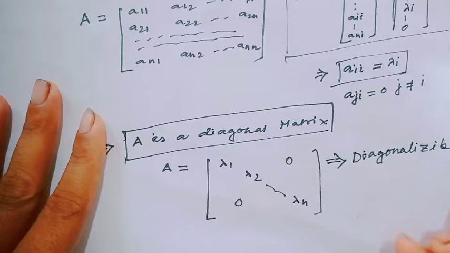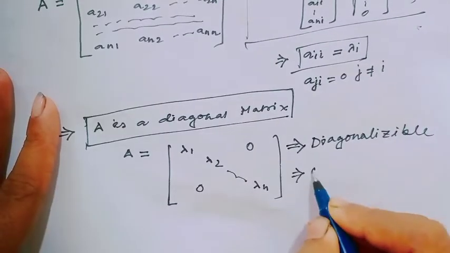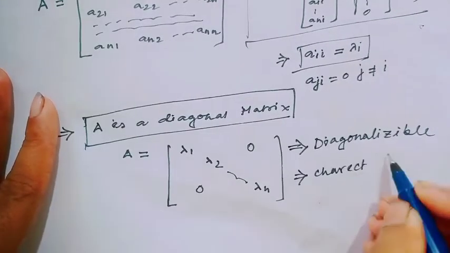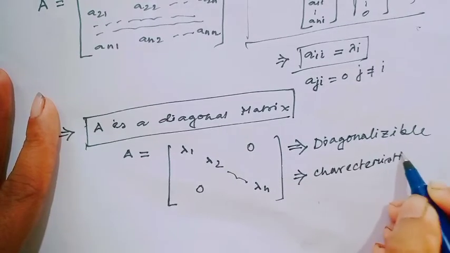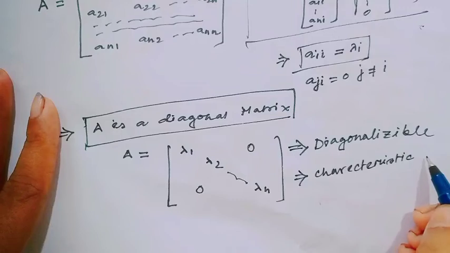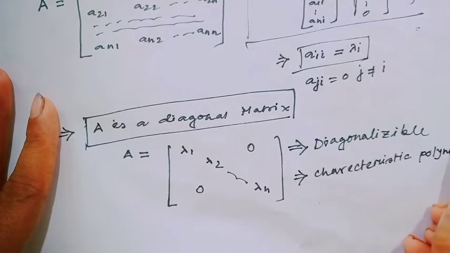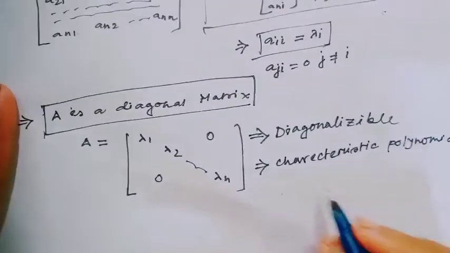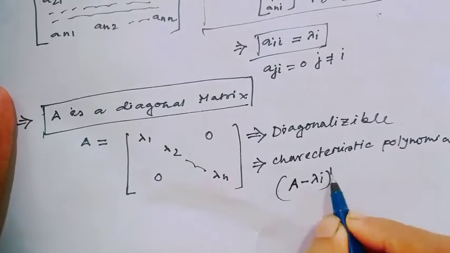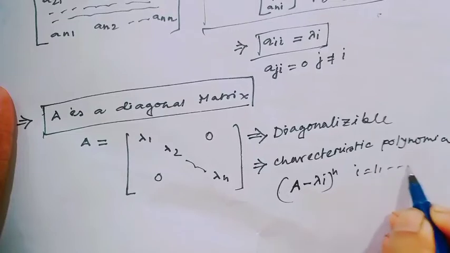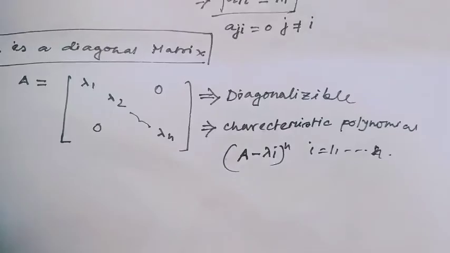And that implies the characteristic polynomial is (x minus lambda) to the power n. Okay? Since the matrix is diagonalizable, obviously the minimal polynomial would be a linear factor.